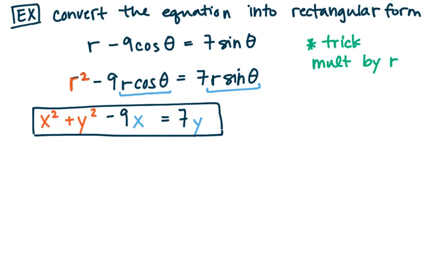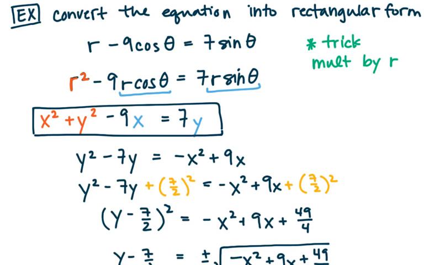We could use a little bit of algebra to complete the square. We could collect the y's and the x's on both sides as well. I'm going to do that here just so you guys can see what that would look like. And so completing the square, I collected my y's, collected my x's. I added negative 7 divided by 2 quantity squared. I added that same value. I mean, technically there might need to be a negative in there, but it will turn positive.